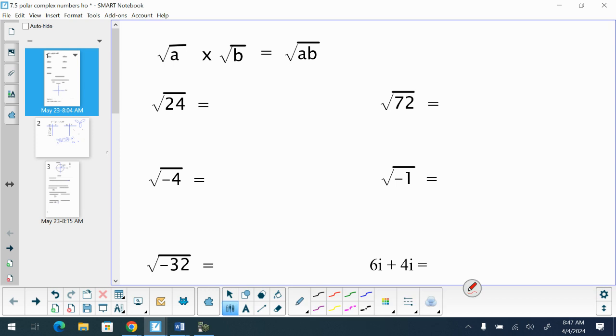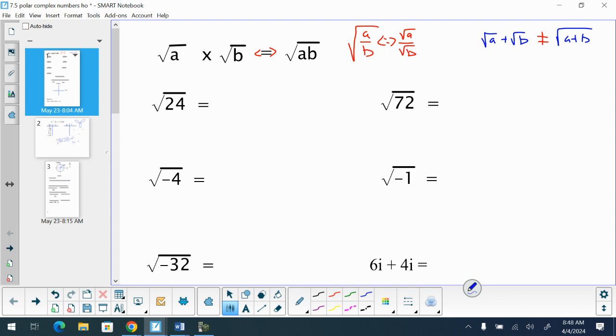This is also true when we have division. We can separate into their own radicals. And both these properties go in both directions. What we cannot do, a big no-no: the square root of a plus the square root of b does not equal the square root of a plus b.